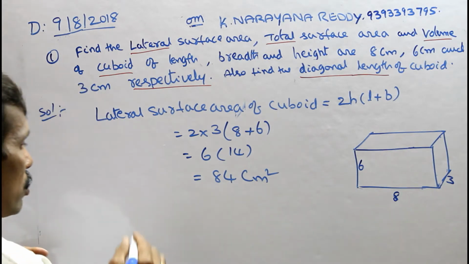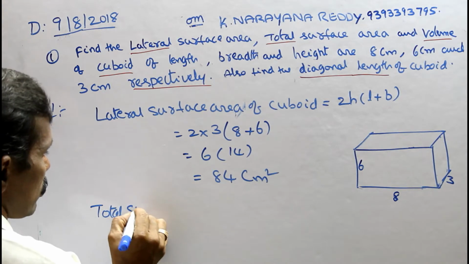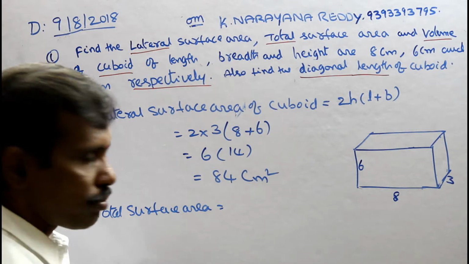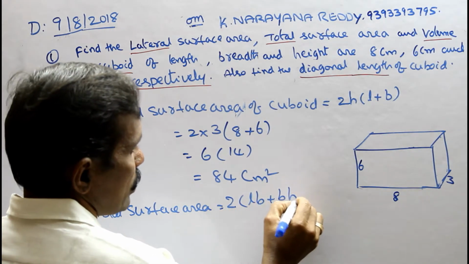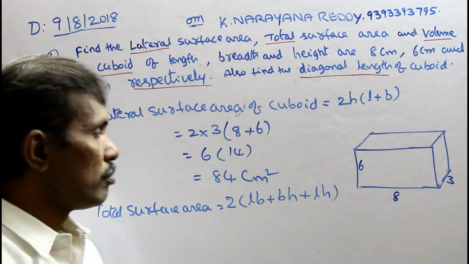Again, we want to find the total surface area, which equals 2 into LB plus BH plus LH. This is the formula for total surface area.